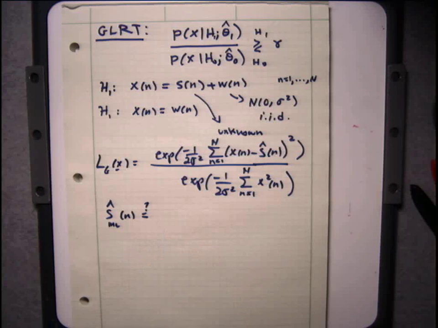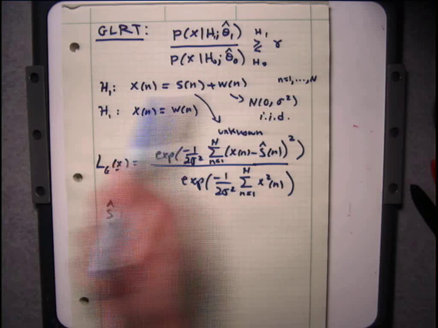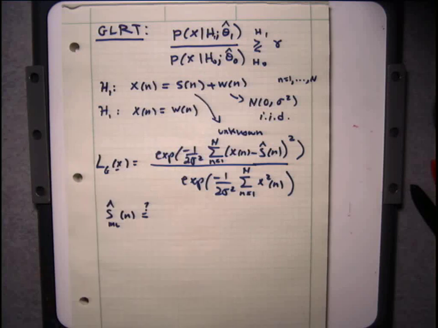It's unknown. The average value? Remember, what I'm trying to get at is the estimate for every n, and I have a bunch of signals x of n. If you suggested an average value, what would I average? Average the previous data up to the instant n.